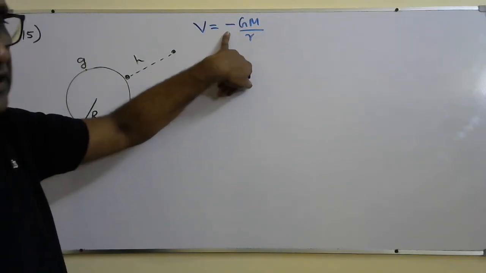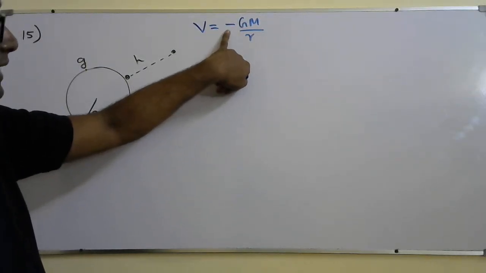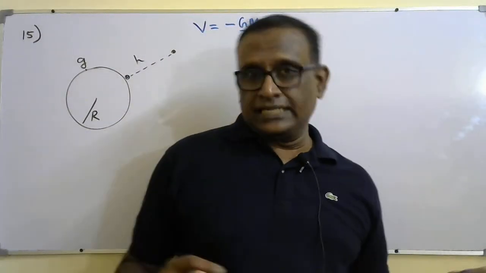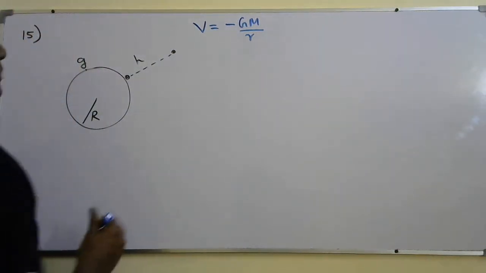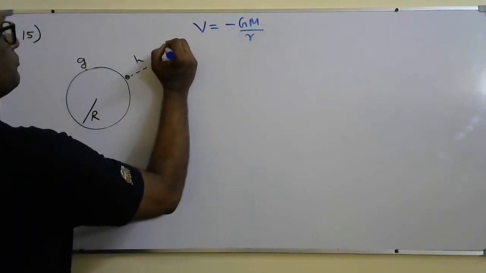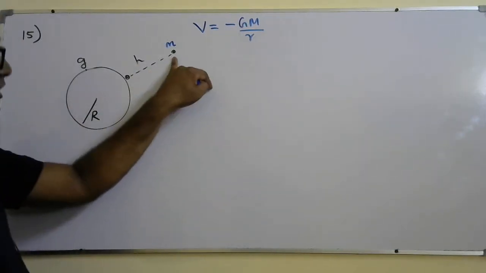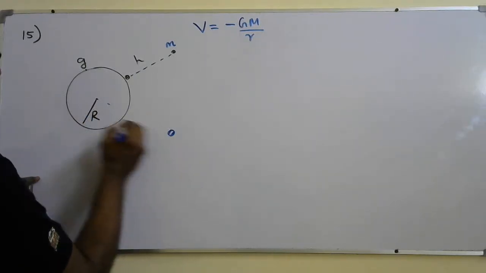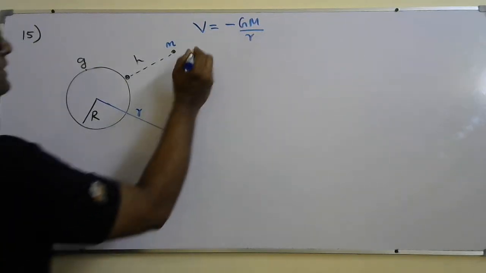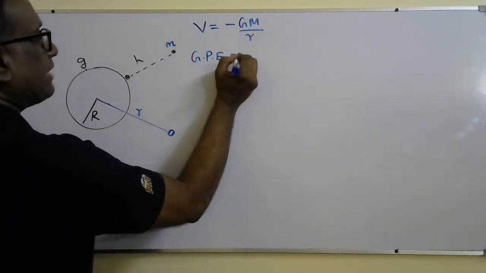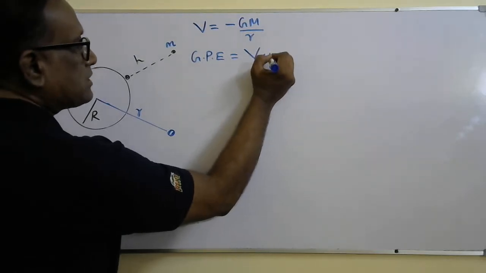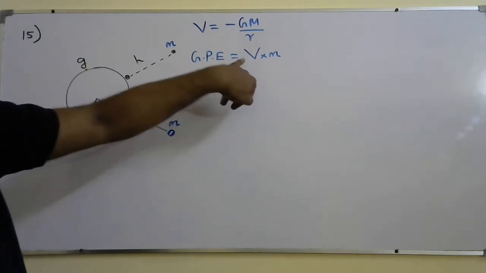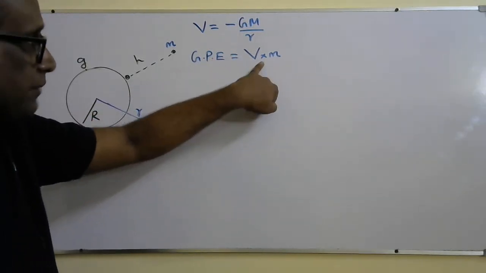Why is there a negative sign? They can ask. The reason is that gravitational force is always attractive, so the gravitational potential is negative. The gravitational potential energy of an object of mass m at a distance r from the center of the planet is given by the gravitational potential times the mass of the object.